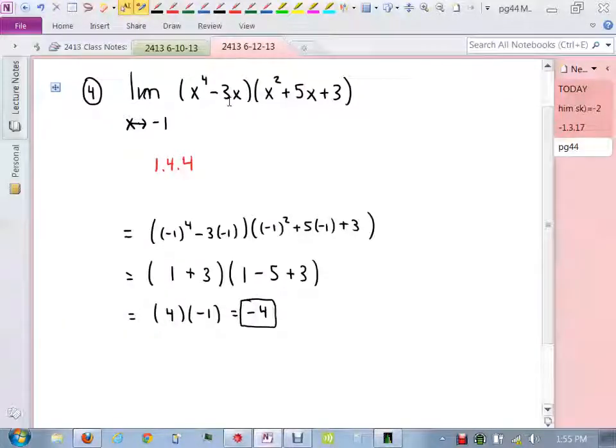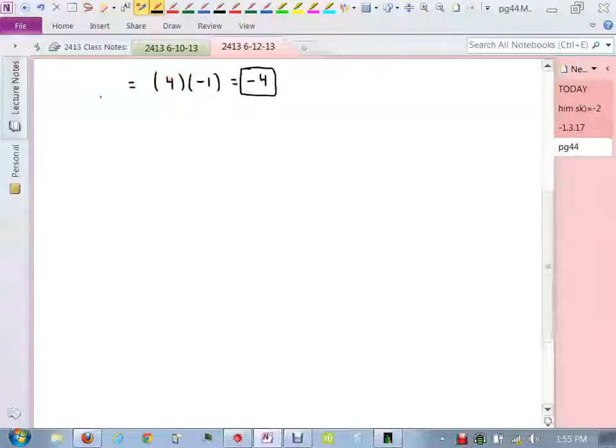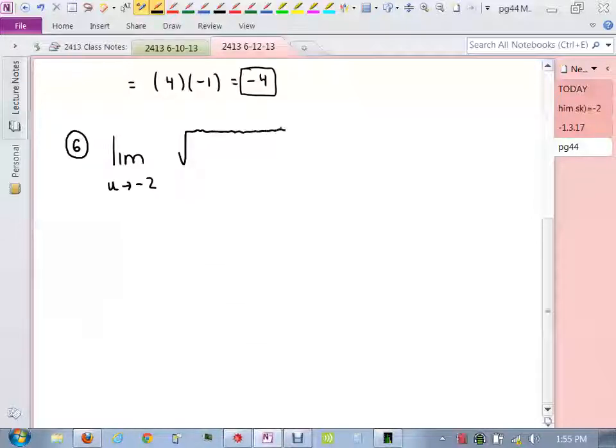Let's go to number 6. Now they switch up with variables here. Instead of using x, they're using u. The limit as u goes to -2 of the square root of u to the 4th plus 3u plus 6.